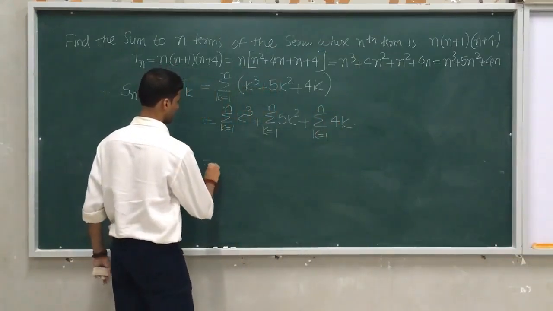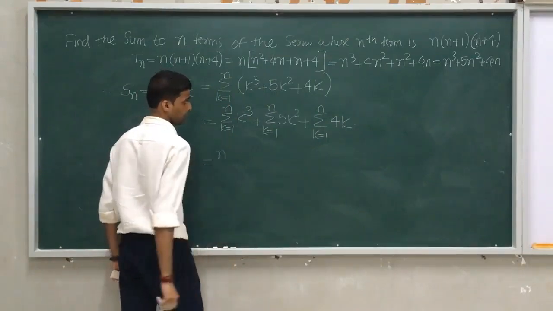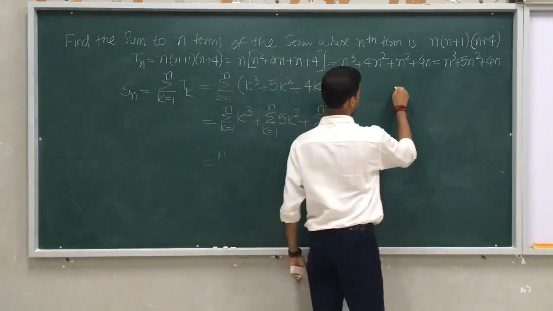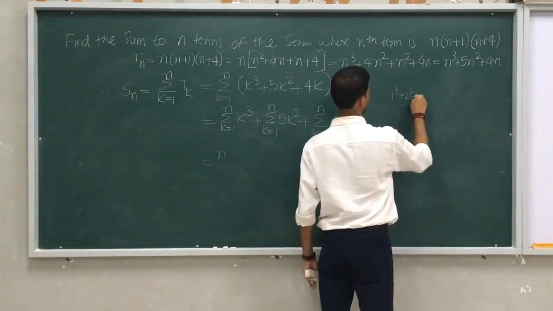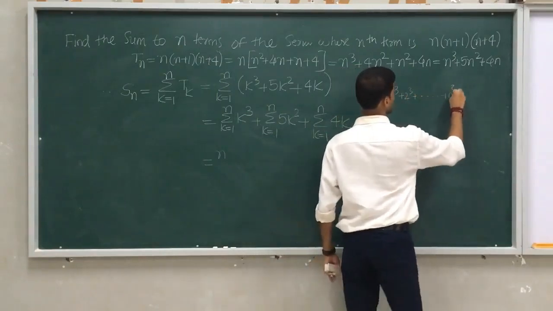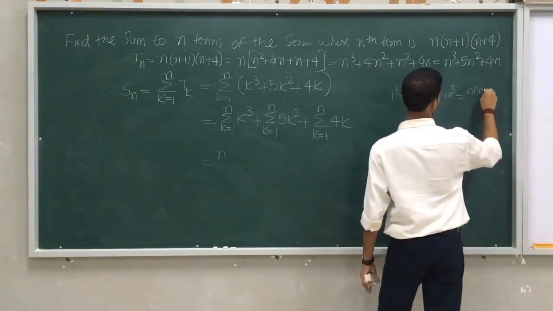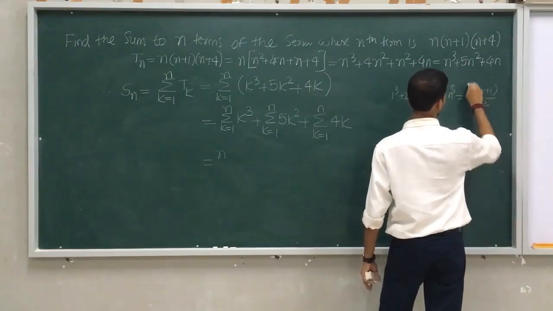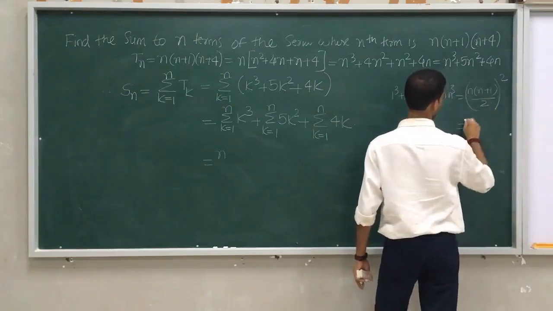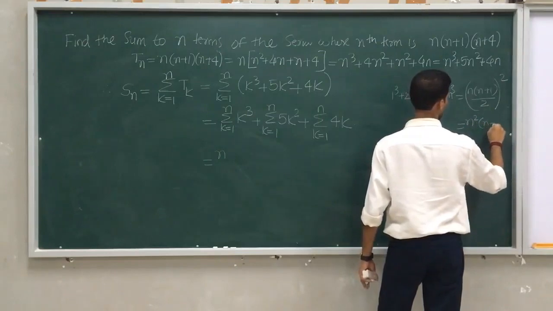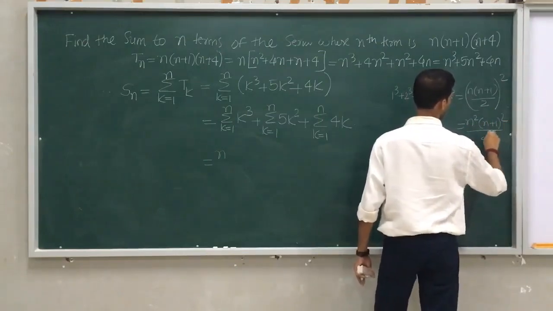Now you know from induction that 1 cube plus 2 cube up to n cube can be written as n into n plus 1 by 2 the whole square, or n square times n plus 1 the whole square by 4.